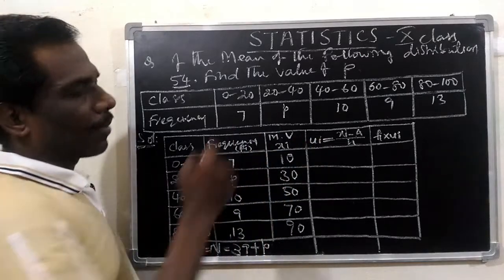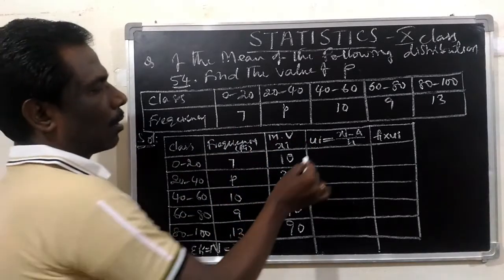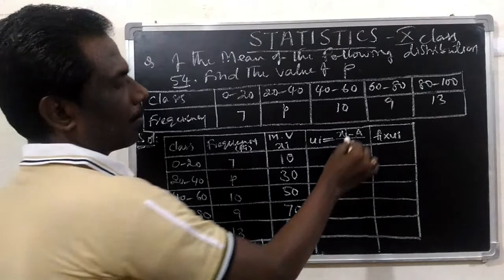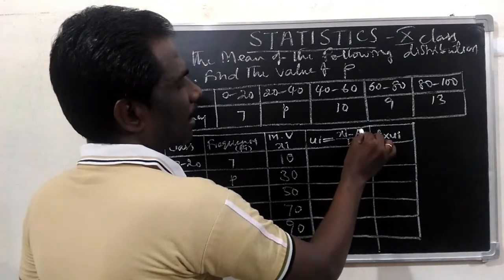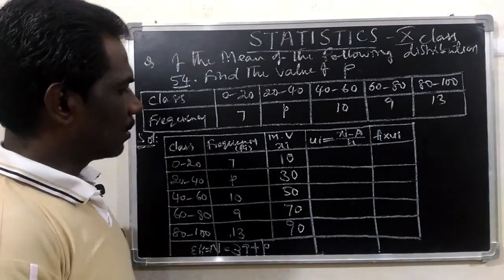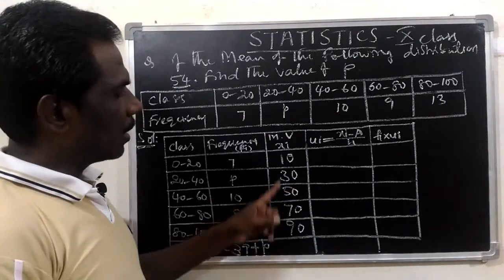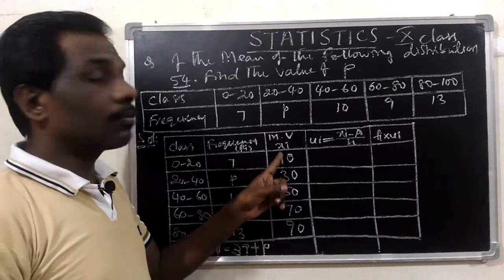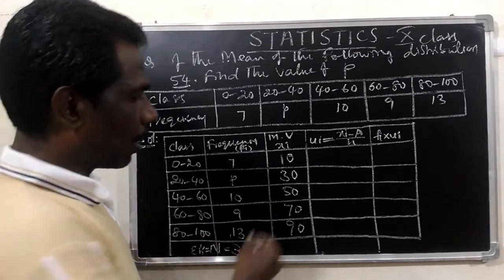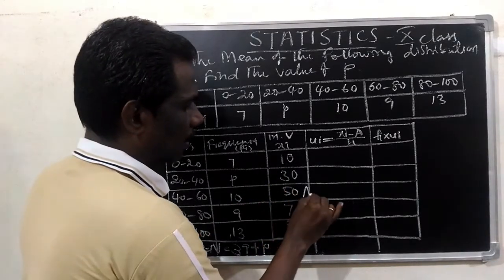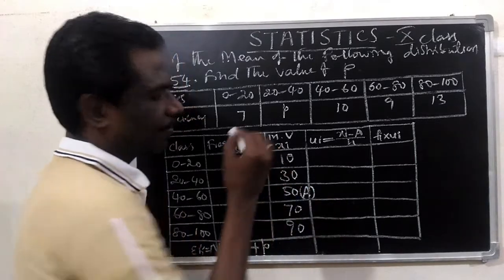Next, to find the Ui values, before that we first have to select the A value from the mid values. Any one of the X values can be assumed as A. Now I am assuming A as 50.